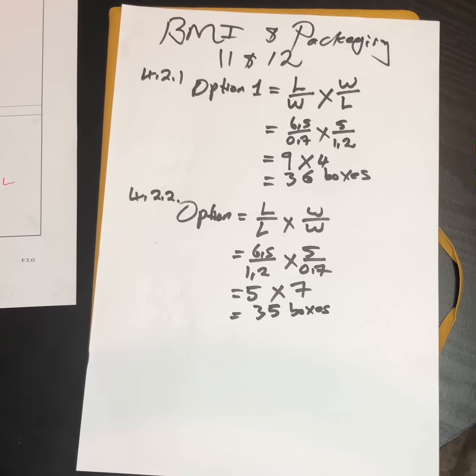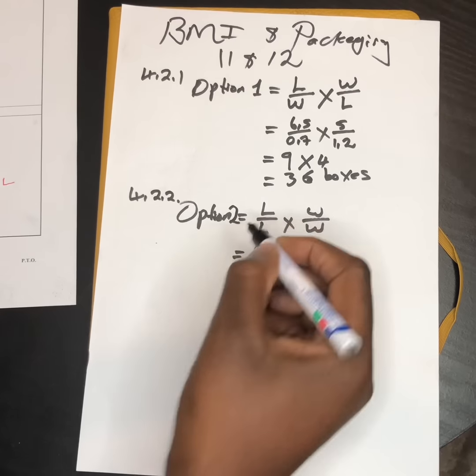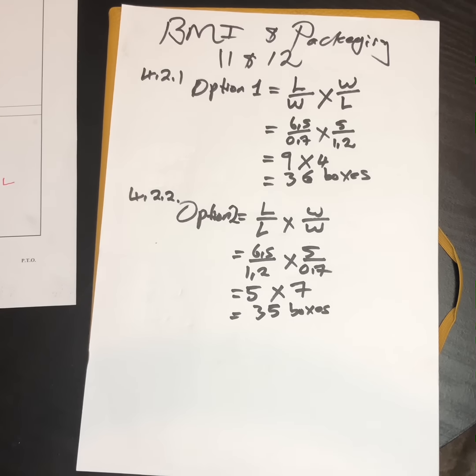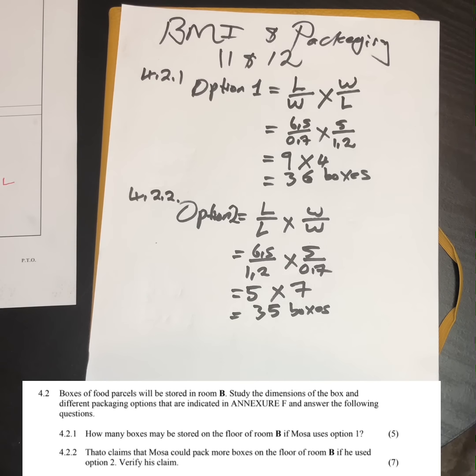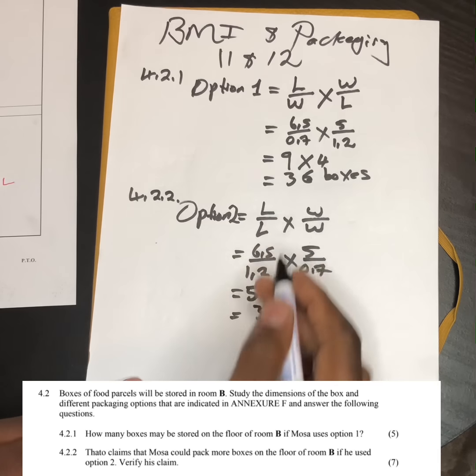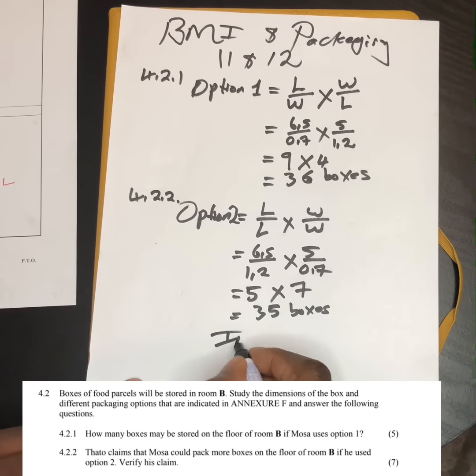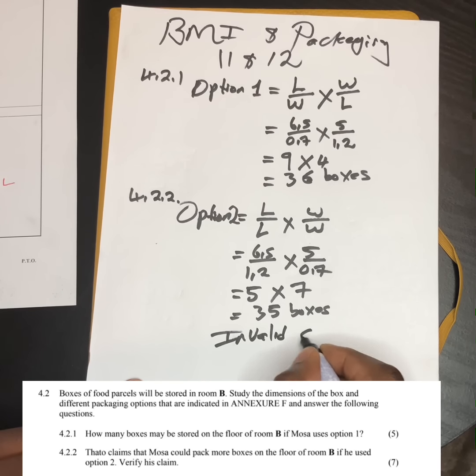So if you had used option number 2, you were going to manage to pack 35 boxes on the floor of that room. And the statement says that if he uses option 2, he will pack more boxes. So we can see 35 is less than 36. We say invalid claim.